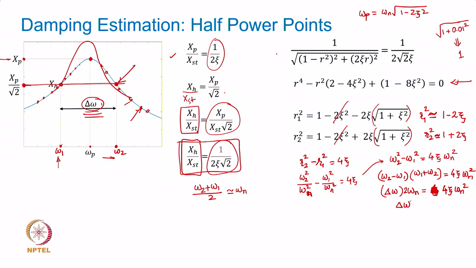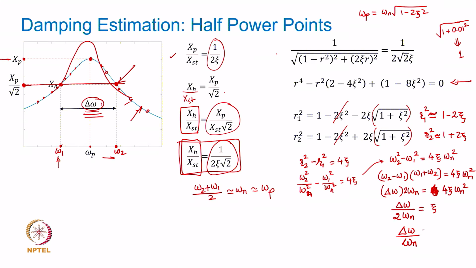Delta omega by 2 omega n is equal to zeta, which I can always write as delta omega by omega n, and make a note here that this omega n, for low level of damping, can be like omega p.